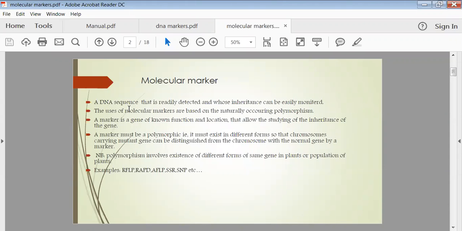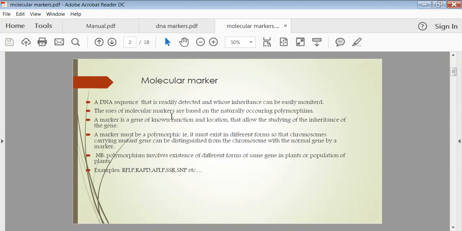What is a molecular DNA marker actually? A DNA sequence that is readily detected and whose inheritance can be easily monitored. Okay, so a marker means a particular known sequence which can detect a particular gene or a particular sequence of the whole genome.